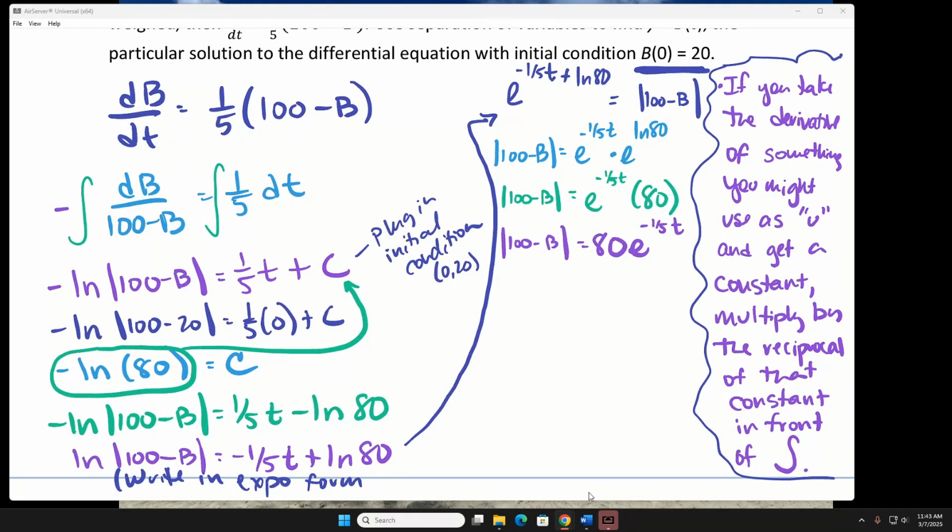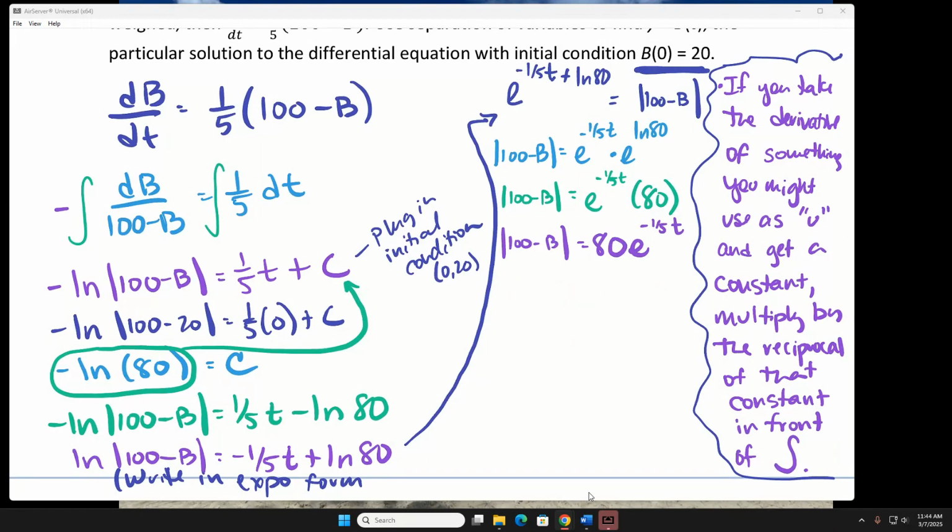Okay, so now normally, like if we didn't have an initial condition, we would need to do the positive and negative because of this absolute value. However, I can only do one or the other. And so if I plug in my initial condition, I'm not going to write this down permanently, -1/5 times 0 ends up being just 0.